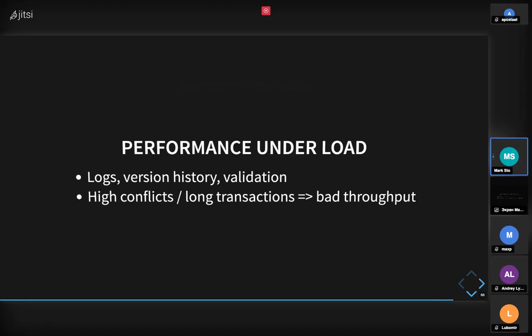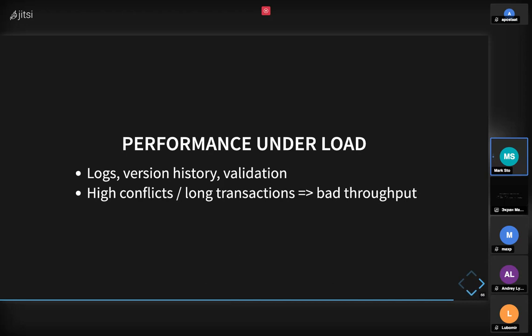Another thing is performance and predictability under load. So any STM pays for logs, version history and validation. We didn't touch it here, but the Clojure STM implementation is based on the model that is called MVCC, like in Postgres, for instance.